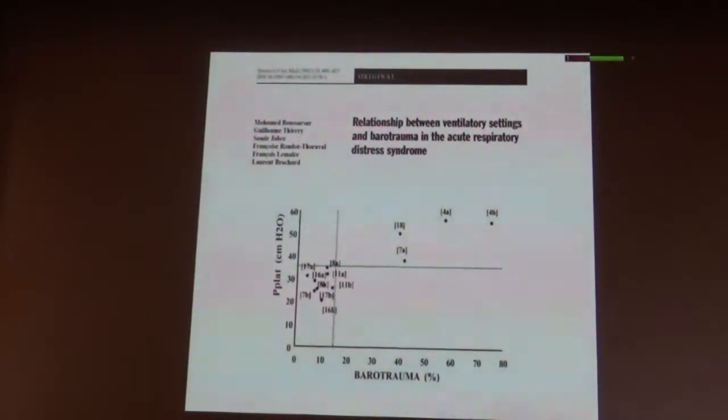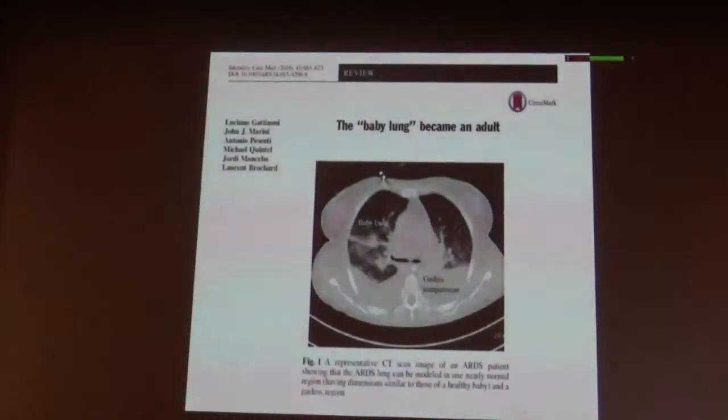The principle is based on the notion that we are ventilating a baby lung, which has been so well described and emphasized by Luciano Gattinoni. The classical CT shows one part of the lung which is aerated, and one part which is gasless. This part looks relatively small because it's atelectatic, but imagine it should be more than 50% of the lung.